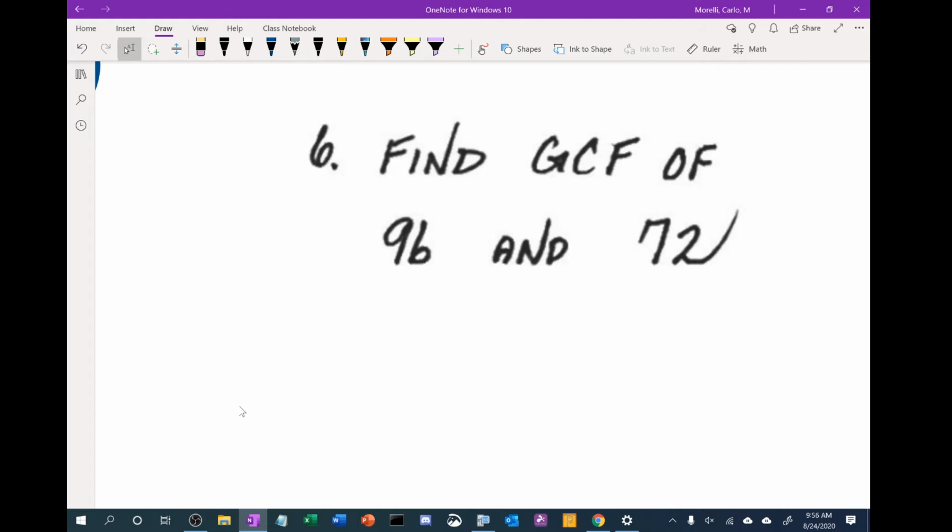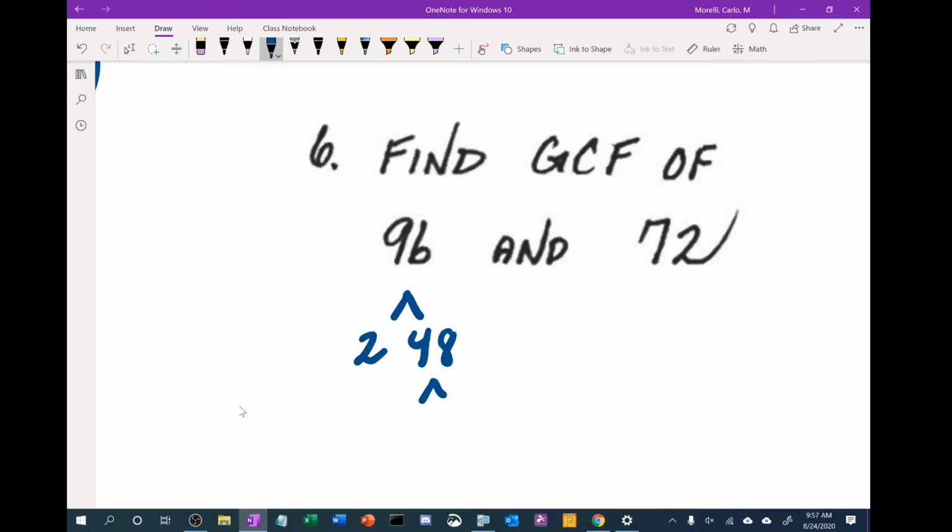Okay? So what I'm going to show you is the method that will always produce the correct result. Okay? So this is an even number, so we're going to divide by 2. Can somebody with their calculator out do 96 divided by 2 for me? 48.